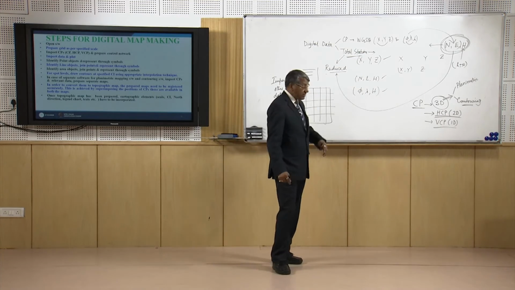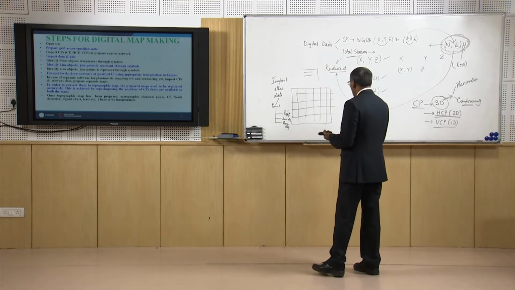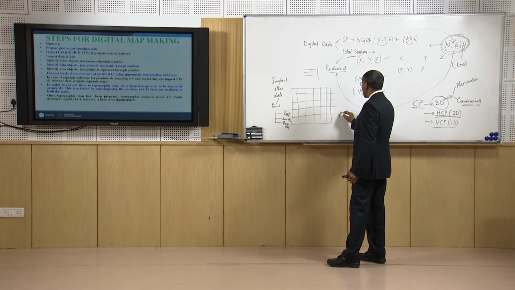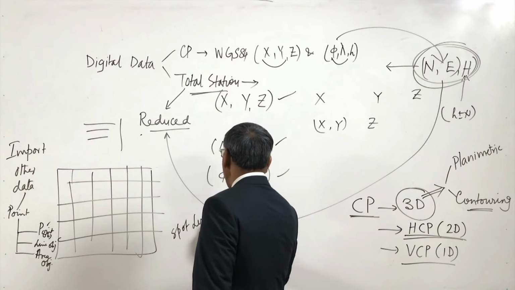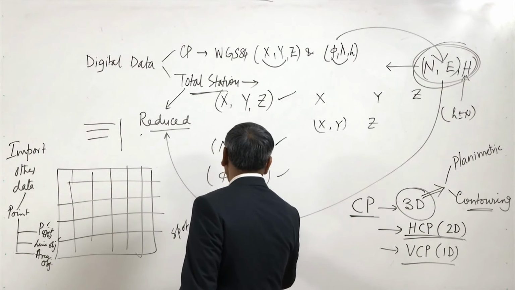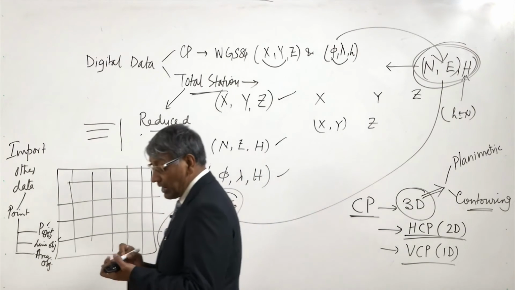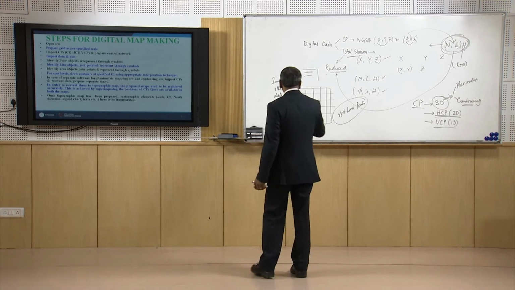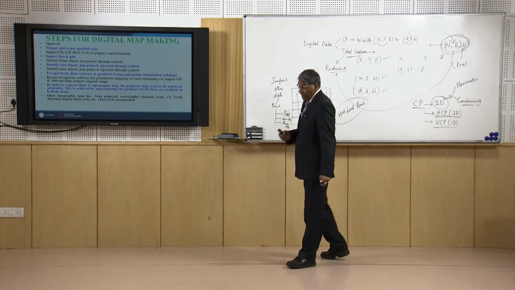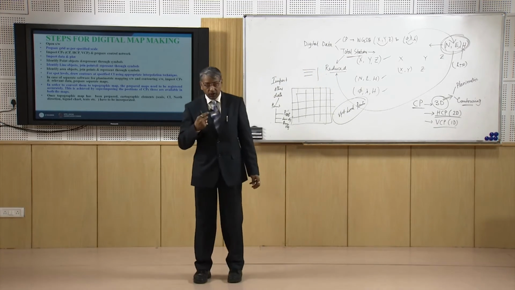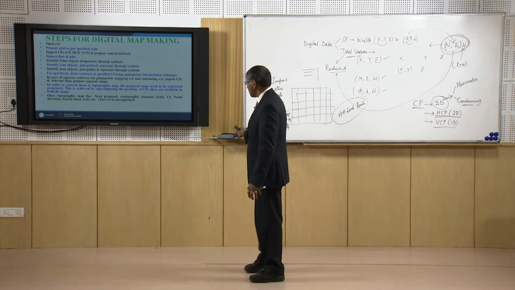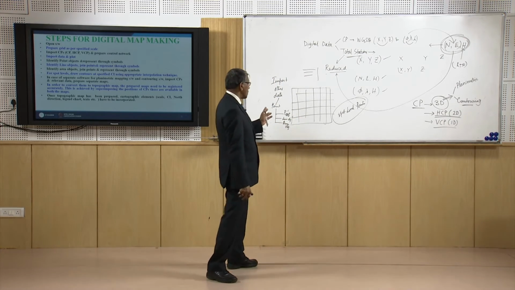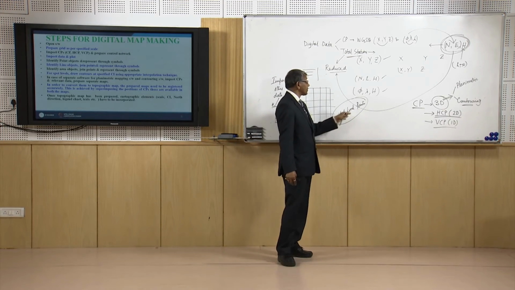Then after that, we should go for identifying the points which represent the spot levels. Through those points we can ask the module of contouring, or activate the command for contouring, and ask for contours to be generated through these points.